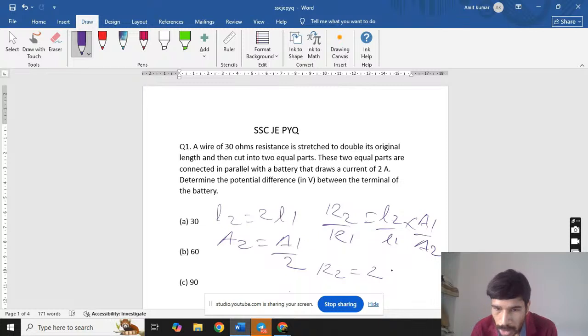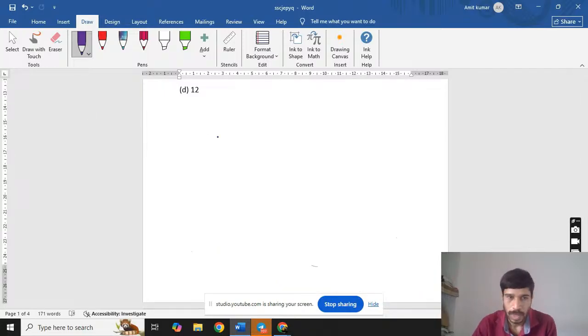So this 2 will come on the upper side into R1. R1 is given 30 ohm, so R2 will come 4 into 30, that is 120. R2 value is equal to 120 ohm.